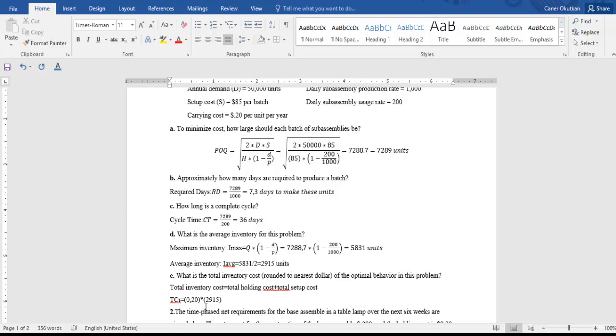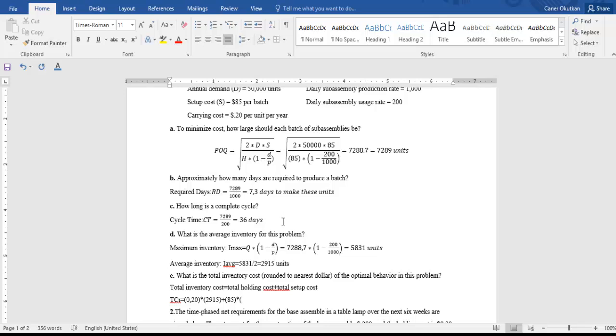This is total holding cost, and total setup cost is $85 multiplied by the number of setups, which we have to find.